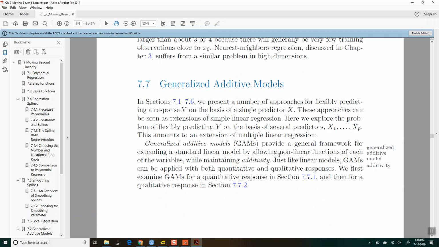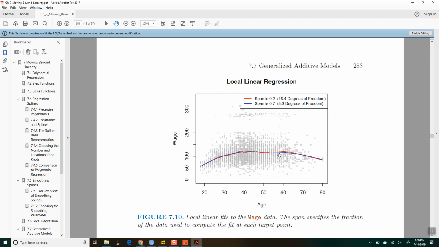It's kind of like a linear model, or a multiple linear model, except we don't have to have linear relationships. We can have any of these smoothed out relationships. So maybe we want to fit a spline relationship between whatever variable it is and the output, right?